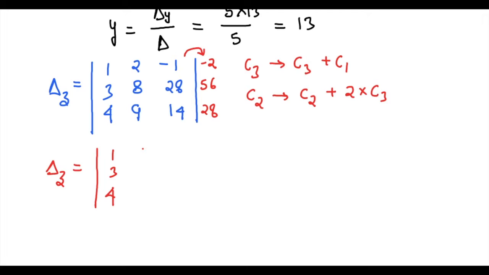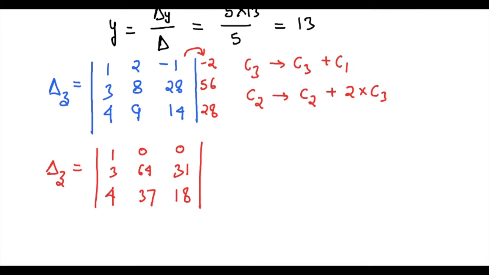So 2 minus 2 is 0 and 56 plus 8 will be 64 and 28 plus 9 will be 37, and in column number 3 we will add column number 1, so this will be 0 and 28 plus 3 is 31 and 14 plus 4 is 18.